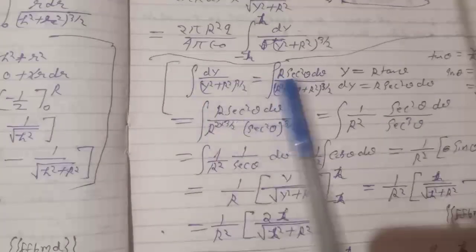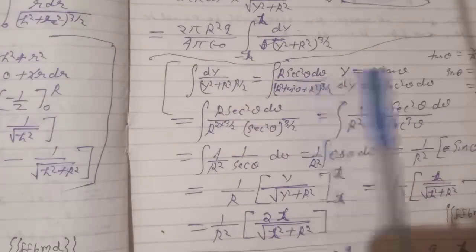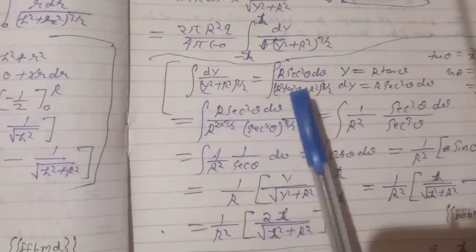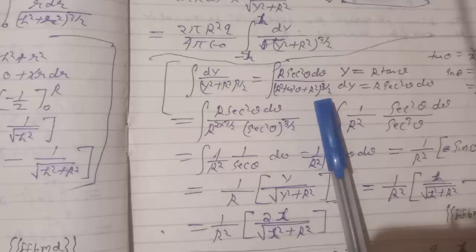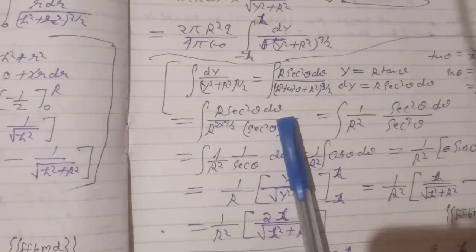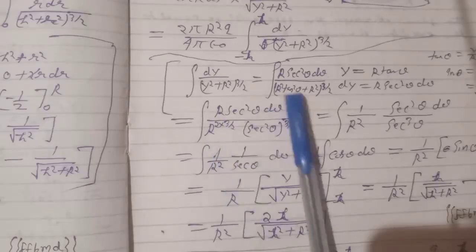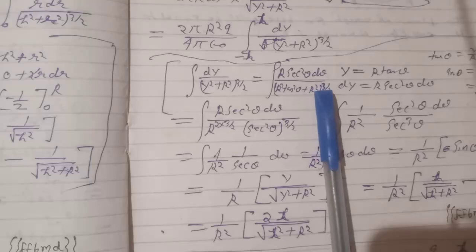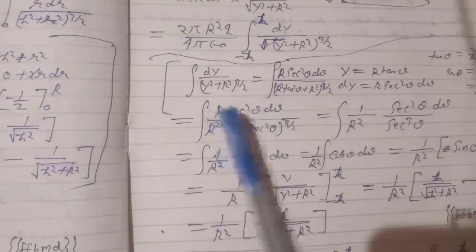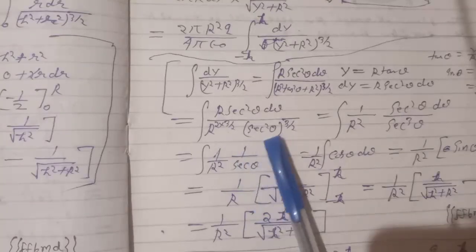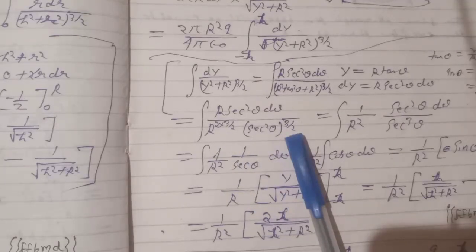So dy is r sec square theta d theta, and y is r tan theta, so it will be r square tan square theta plus r square to the power 3 by 2. So integration r sec square theta d theta, taking r square common on both terms and taking it out from the bracket, so r to the power 2 into 3 by 2 into sec square theta to the power 3 by 2.